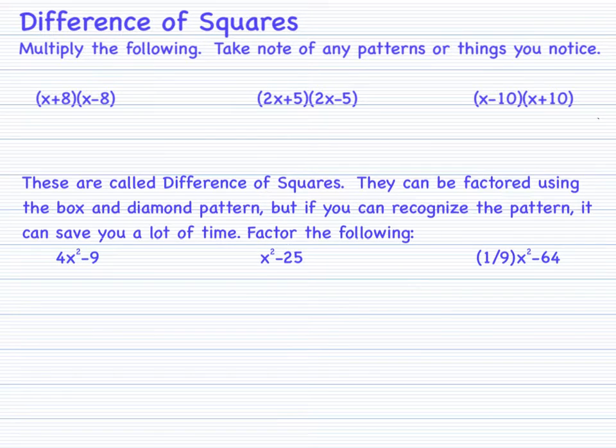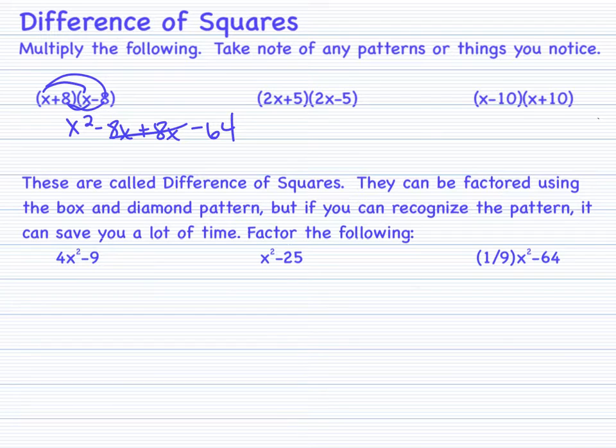Okay. So we have another set here that is called difference of squares. So something that happens when you multiply these out is you end up with x squared minus 8x plus 8x minus 64. Positive and a negative of the same term give us 0.